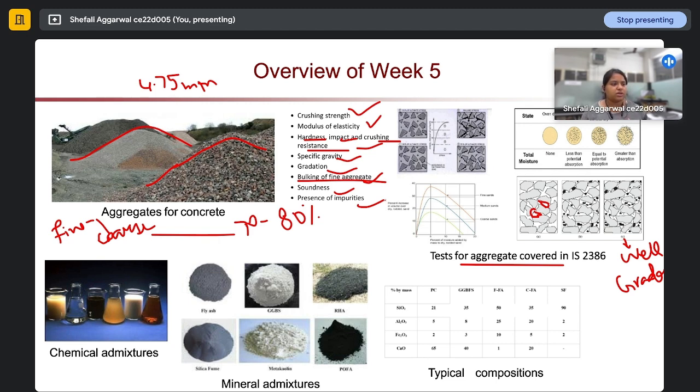The next material which we use in our concrete system is the admixtures. We have chemical admixtures and mineral admixtures. Whenever we use chemical compounds or any organic chemical compounds, we call them chemical admixtures.